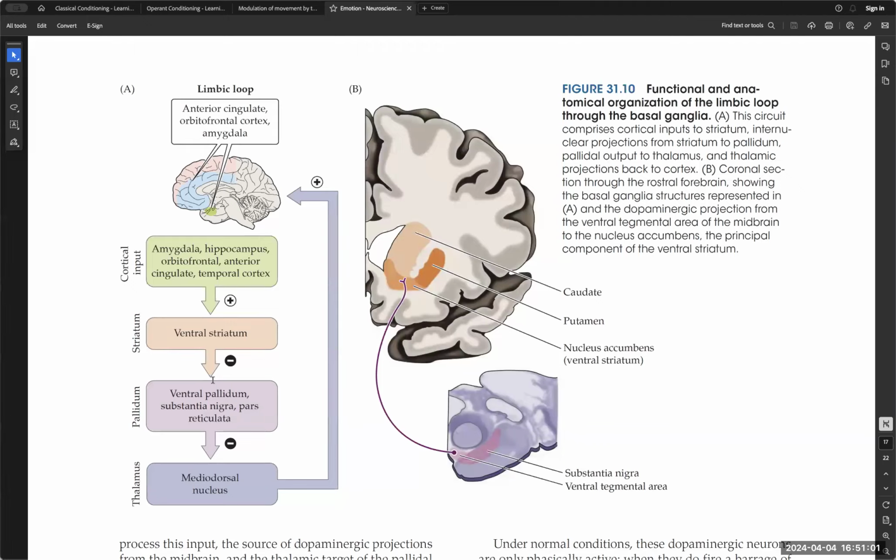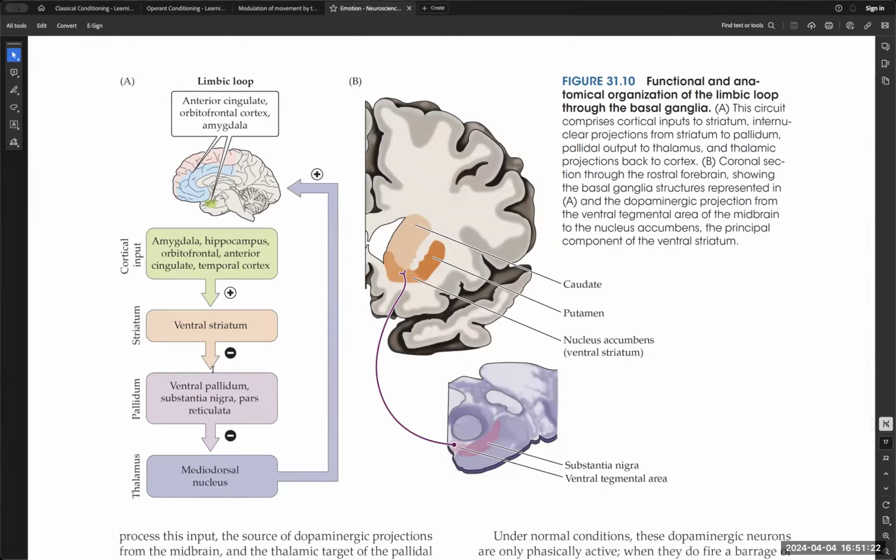Then it goes to the ventral pallidum, basically when we're talking about the globus pallidus internal in this kind of case, substantia nigra, pars reticulata, and then the medial dorsal nucleus of the thalamus and back to the cortex, and even sometimes back to the amygdala, all right? So remember this loop, the corticostriatal loop, that we called the limbic loop, okay?